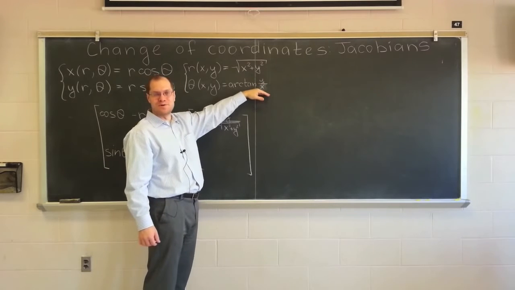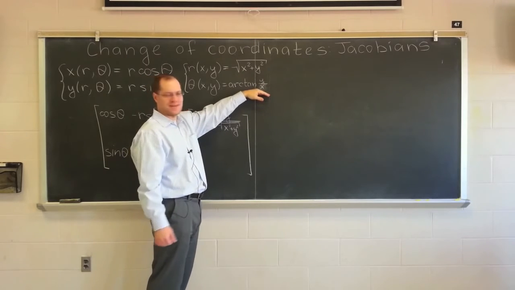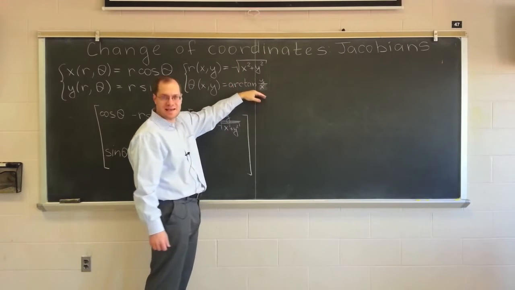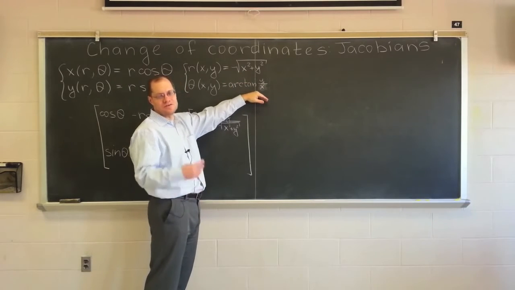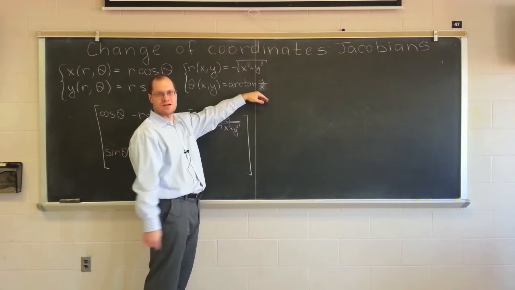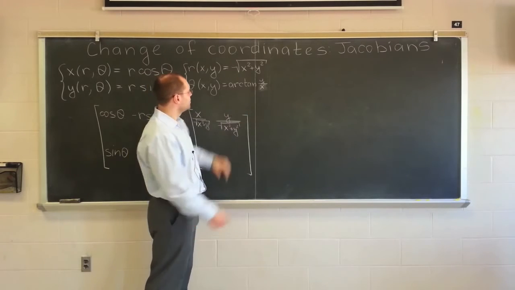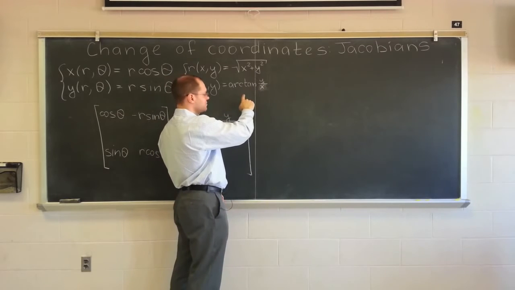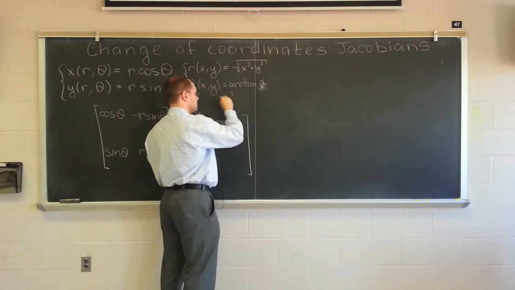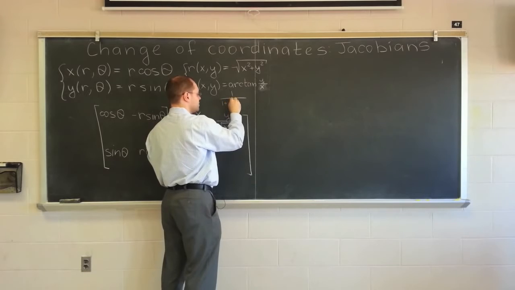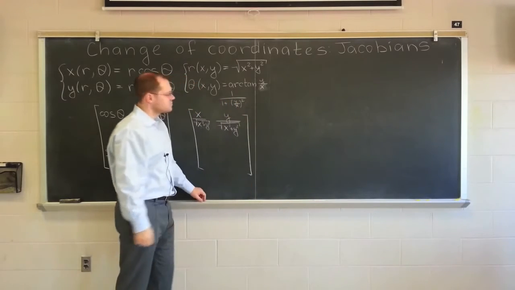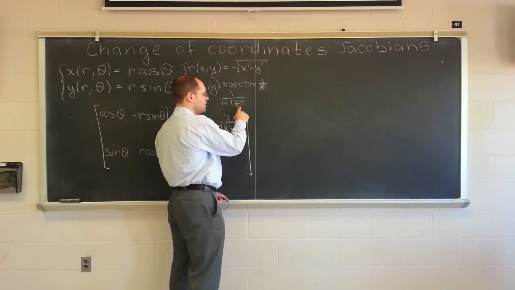I don't remember what it is, so we're going to have to derive it. The key thing to remember is that the derivative of arctan as a standalone function is 1 divided by 1 plus its argument squared. So the derivative with respect to x is 1 over 1 plus (y over x) squared times the derivative of y over x.